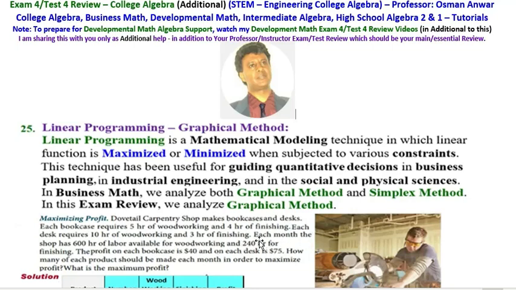Each month, the shop has 600 hours of labor available for woodworking and 240 hours for finishing. The profit on each bookcase is $40 and on each desk is $75. How many of each product should be made each month in order to maximize the profit? What is the maximum profit?